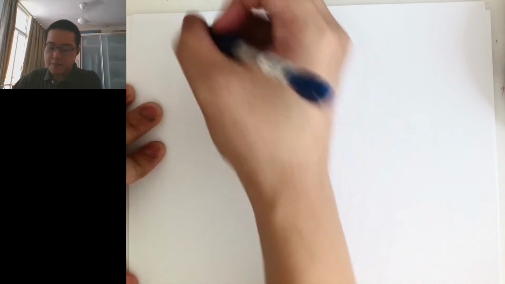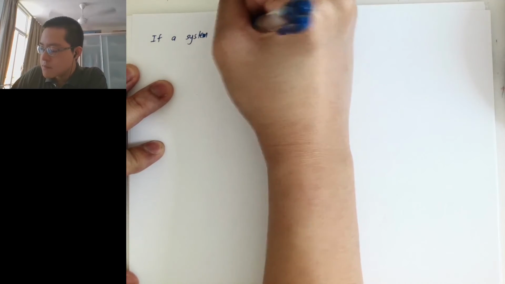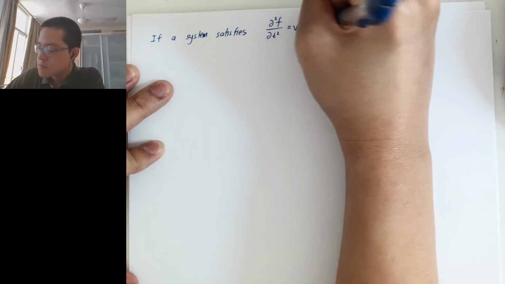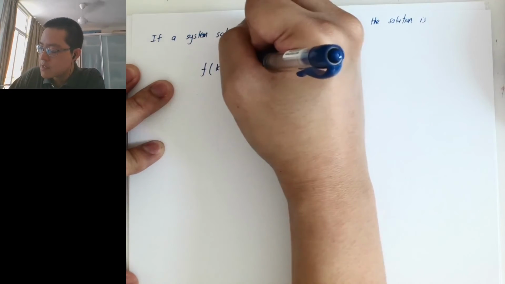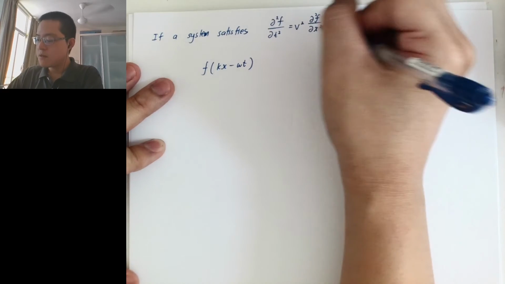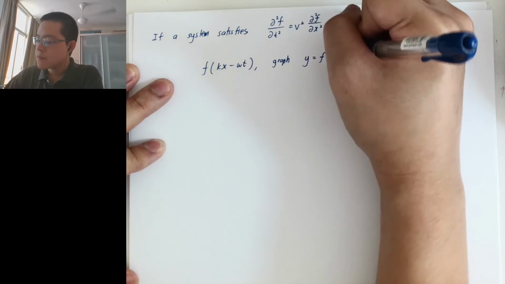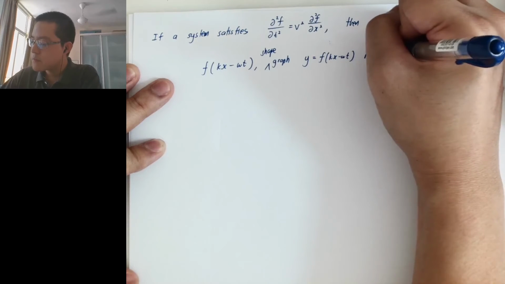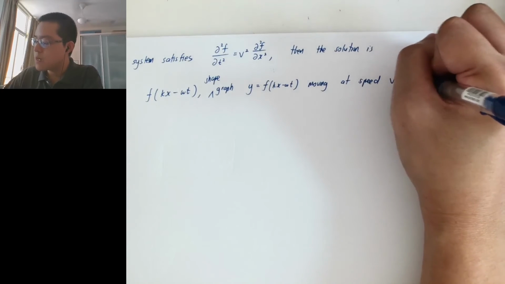So the lesson that we want to take home from today is that if a system satisfies this one, then the solution is f of kx minus omega t, and the shape of the graph is moving at speed v equals omega over k.